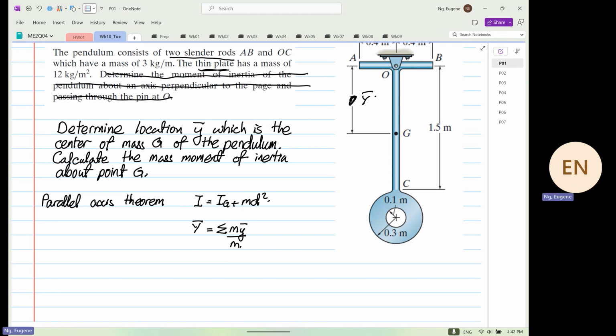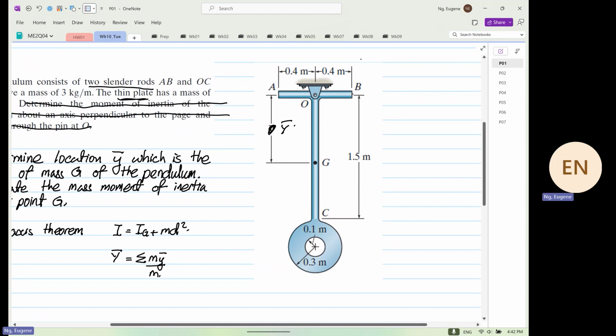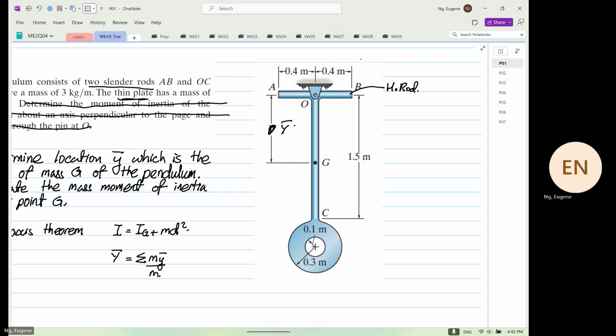So we're going to label our section. We call this H rod; H dictates that this is a horizontal rod. Over here is V rod.